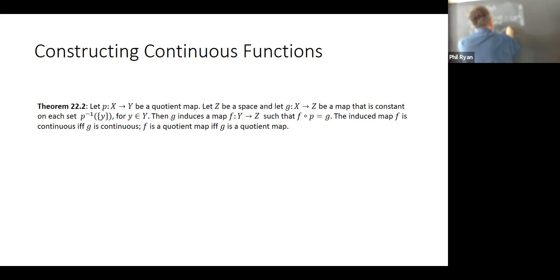If this is open, then by the quotient map, we push it down. What am I saying? G inverse of V is open in X. That's equal to p inverse of f inverse of V.